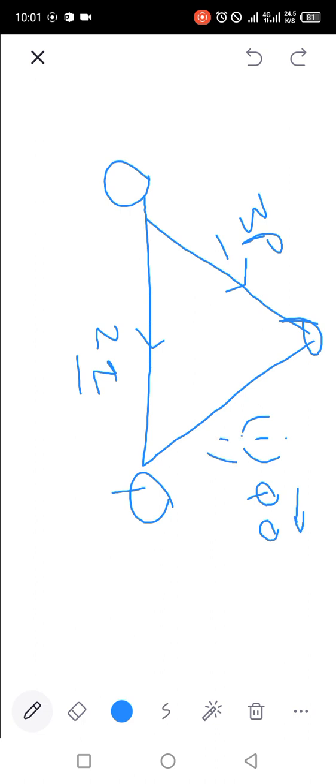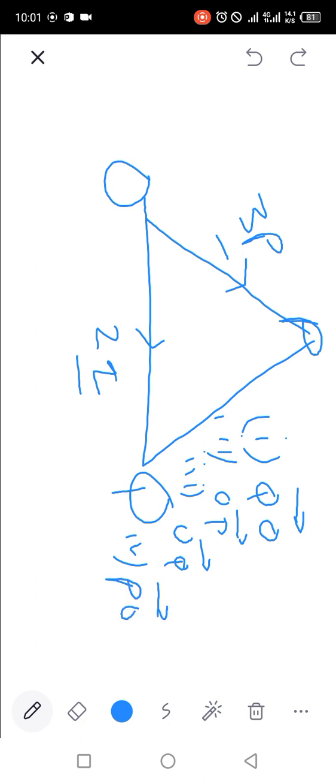You are expressing the vector OP. You are expressing the vector OQ. You are expressing the vector PO.